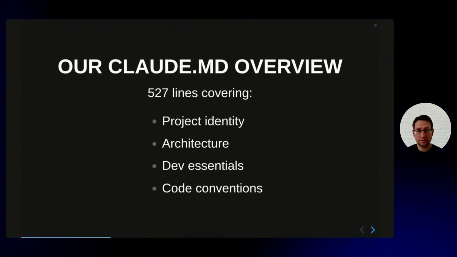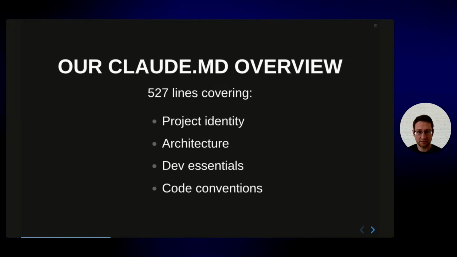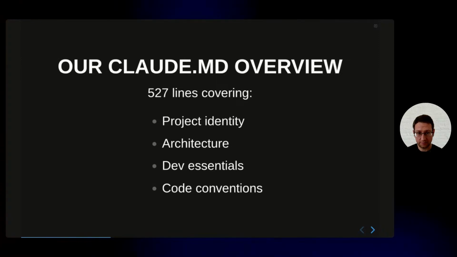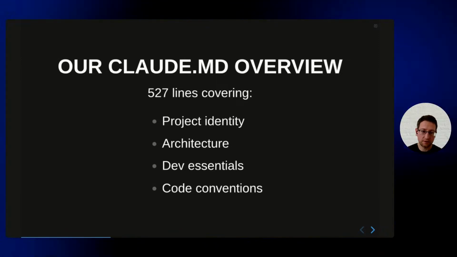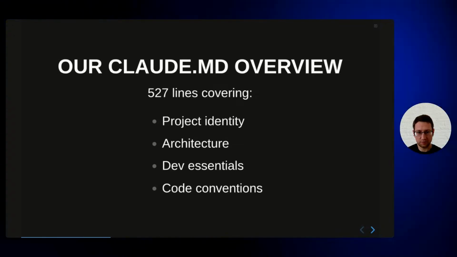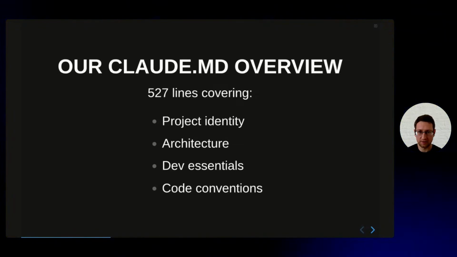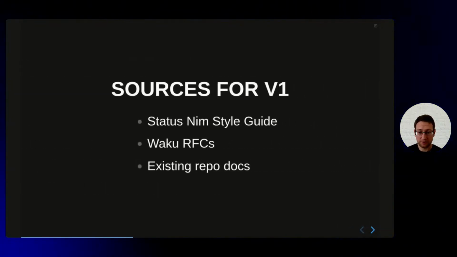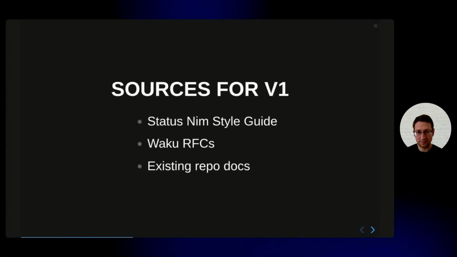So currently, the CLAUDE.md file, the first version, contains this many lines that describe the identity of the project being Waku, the architecture, some essential commands to run and test the project, and some conventions that have been established. And this file has been largely composed by AI as well, under my supervision.